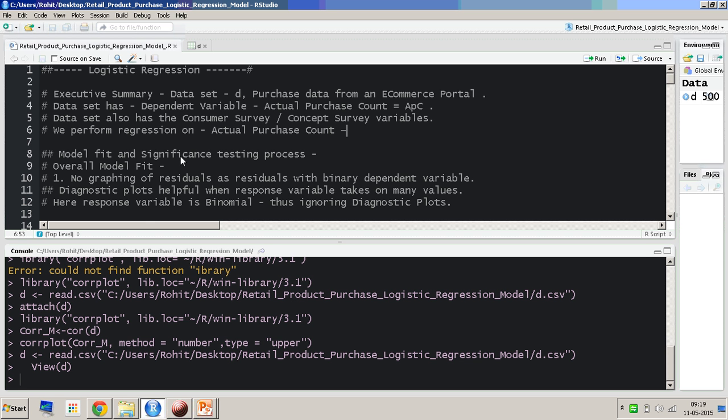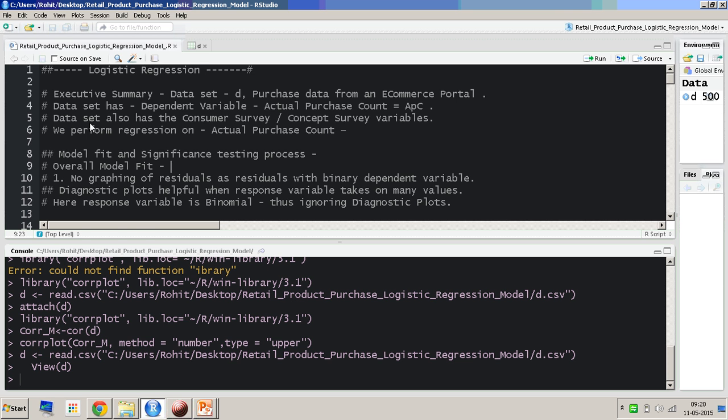The most important factor we need to look at is which model would fit and which model would be most significant to predict whether a particular retail consumer would buy our product or not. The purchase intention is quite different from liking a particular feature.